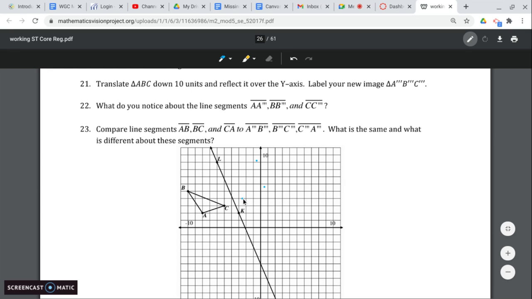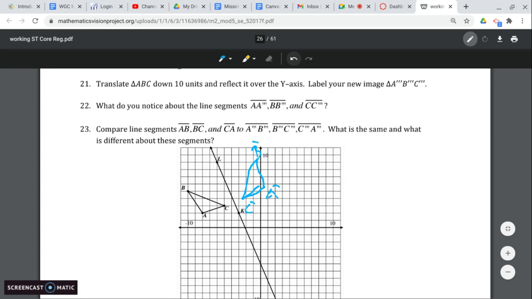So here is our new triangle. Obviously, you guys are going to do a lot better at drawing the sides than I'm doing right now, but you get the idea. So like I said, this was our B prime. Oops, that was A prime. A prime and C prime.